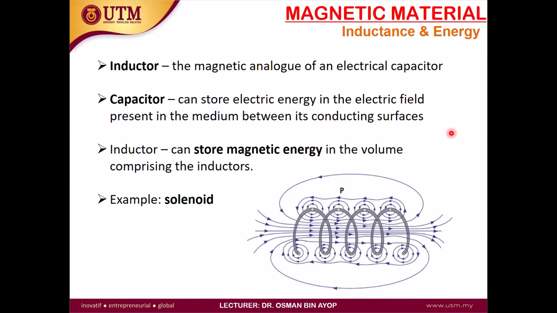For the inductor, it can store magnetic energy in the volume comprising the inductor. For example, the solenoid. This figure shows a conductor with a few turns. So this is what we call a solenoid. When the solenoid carries a current, it will create magnetic flux inside the solenoid.